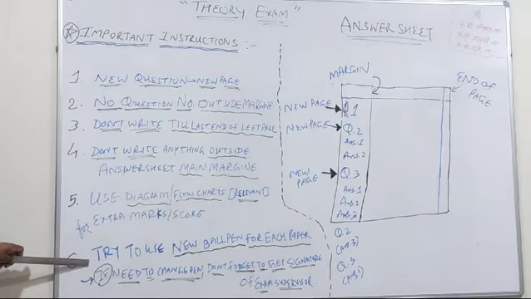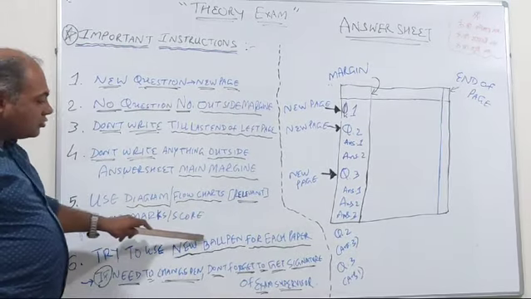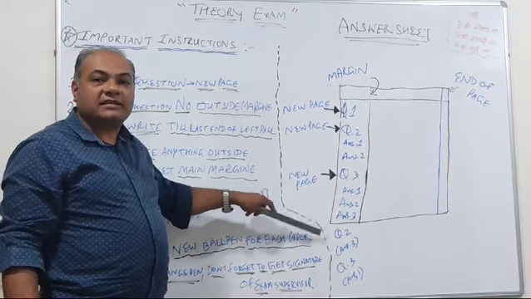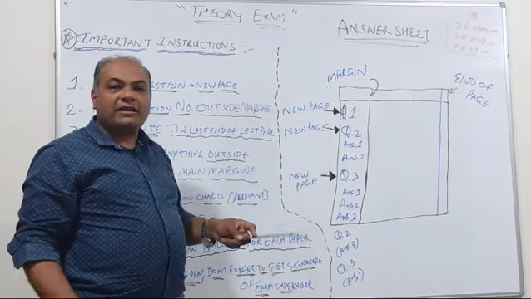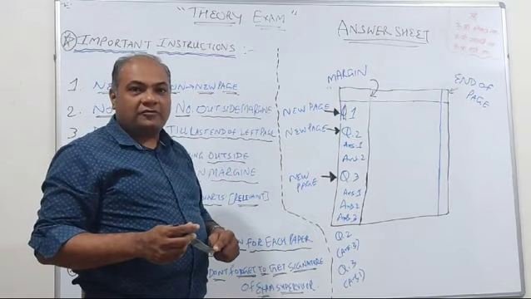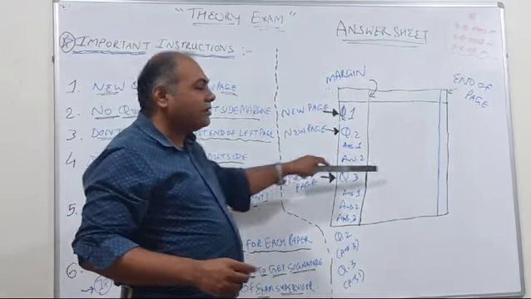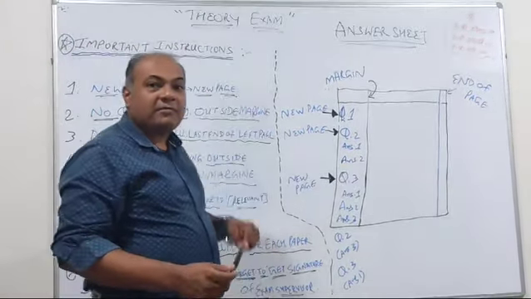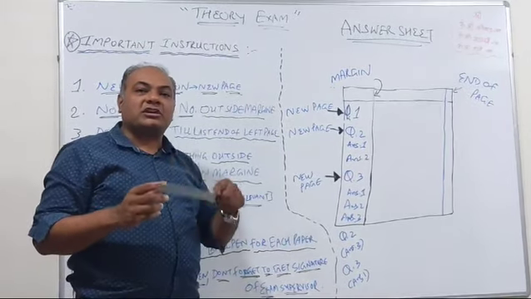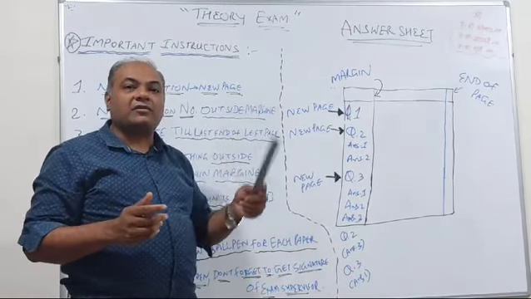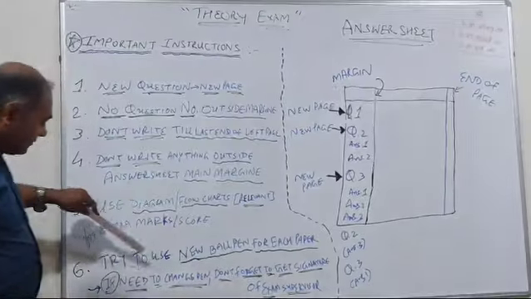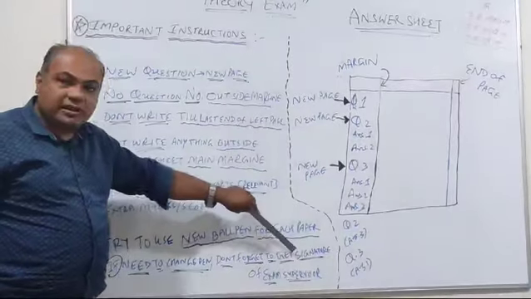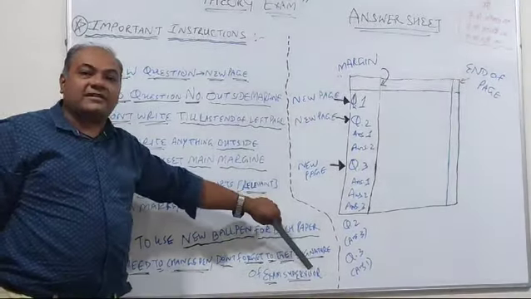Sixth and important point: try to use a new ball pen for every new exam to avoid changing the pen. If you start with a new ball pen, it will definitely last till the paper ends. But if you want to change your ball pen while writing the theory paper, don't forget to get the signature of the exam supervisor.